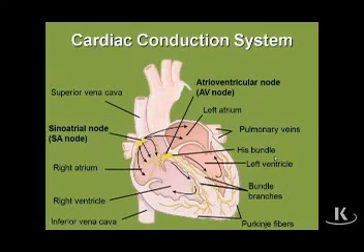Now we'll turn our attention to the cardiac conduction system. Before we discuss it, it's important for us to understand a few basic concepts about cardiac muscle and what makes cardiac muscle different from skeletal muscle. There are many similarities between the two, with the important similarities being that we have membranes that are polarized.